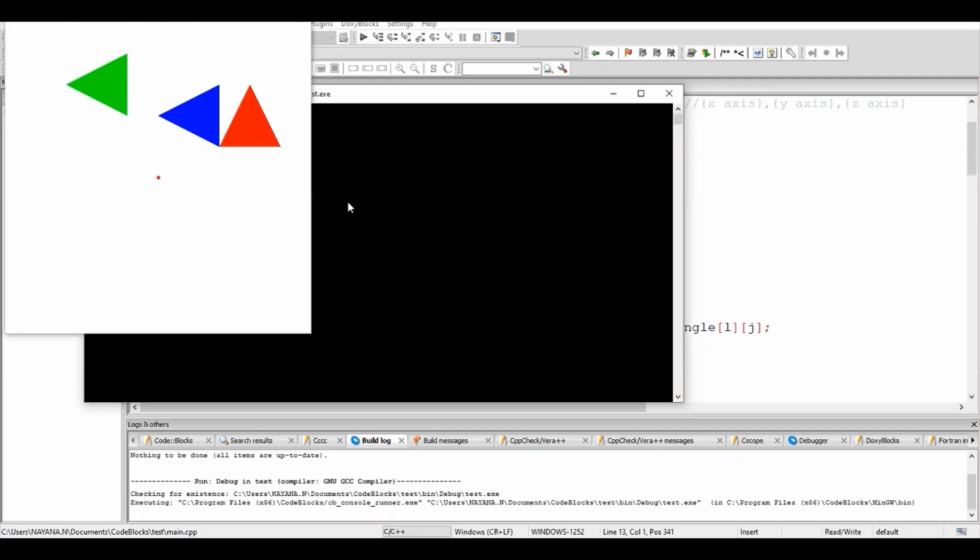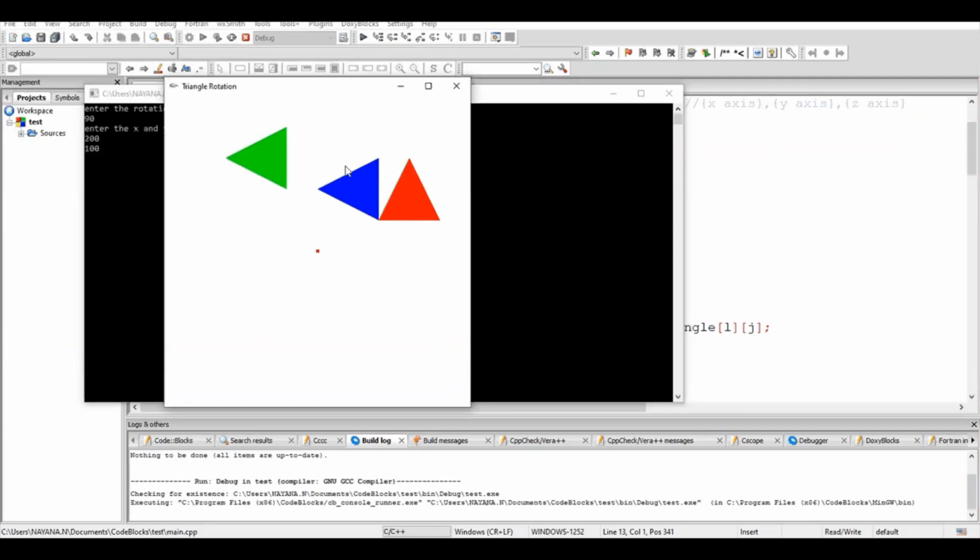See, this is the original triangle, the triangle in red. This blue triangle is a triangle which is rotated around this point 200 and 100. And this green triangle is a triangle which is rotated by 90° around the origin.